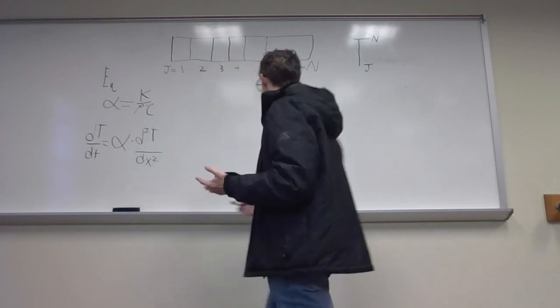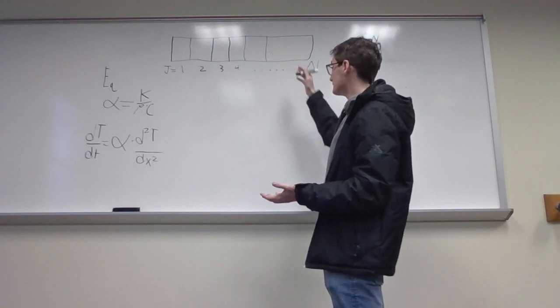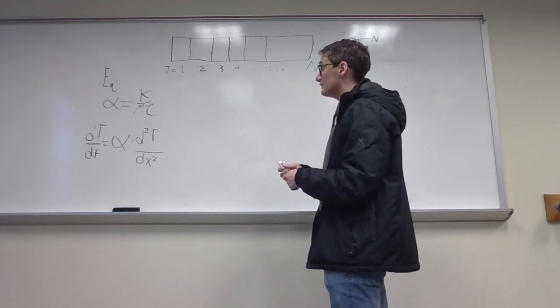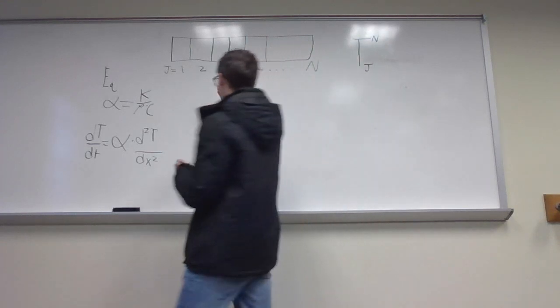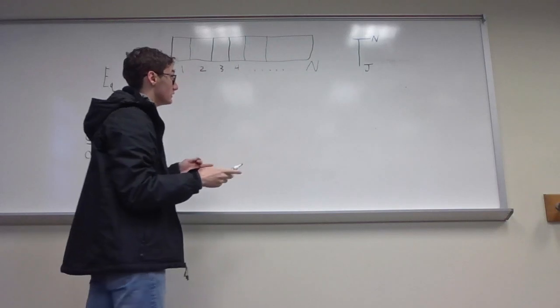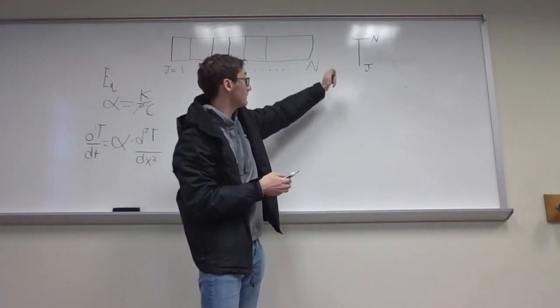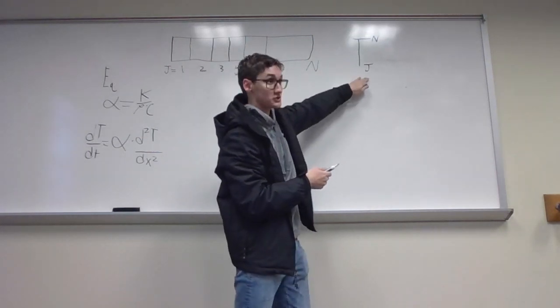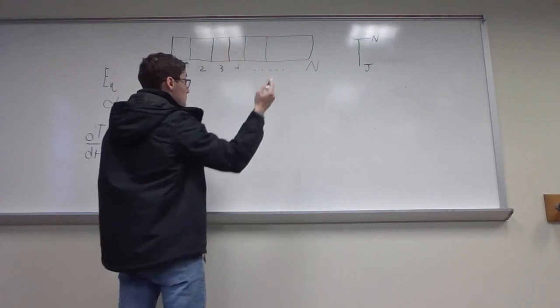Another thing I need to bring your attention to is this is a different bar. It's the same bar, I just put it into sections, and there are 2 different things we need to talk about. First we need to talk about step sizes. When we're talking about time and position, we are going to use the notation such as we use up in this T up here, where J is position, so it could be any position here, it could be 4, it could be 3, depending on what J is.